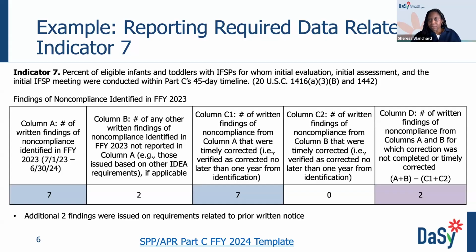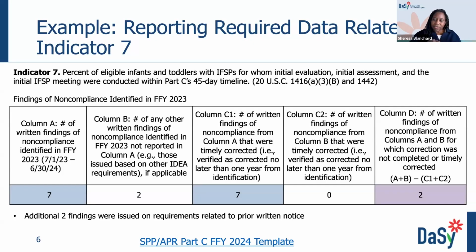In this example, there were 7 identified in column A, and all 7 were corrected in C1. Then C2, we have the number of written findings of noncompliance from column B that were timely corrected, and there were 0. And then in column D, the number of written findings of noncompliance from columns A and B for which correction was not completed or timely.